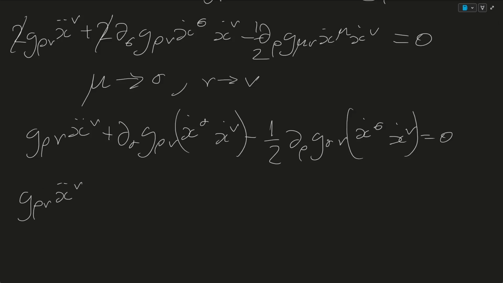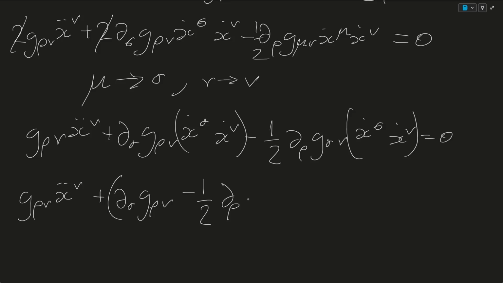This may turn out to be quite a long video, unfortunately. But it's okay. I'm sure it'll be enjoyable. It's quite a mammoth task. Plus partial sigma g rho nu minus a half. This is just factoring out what we have left over.